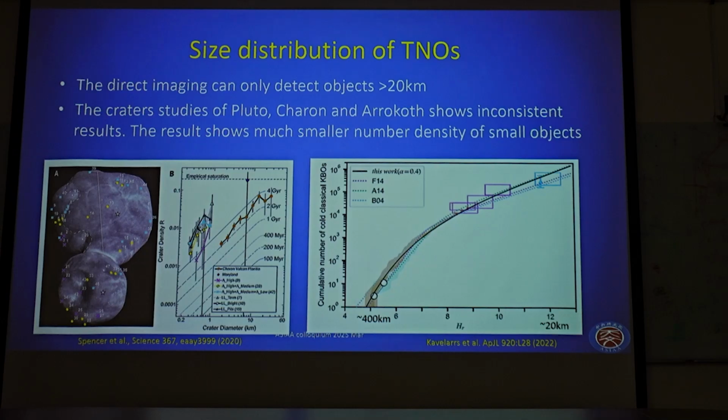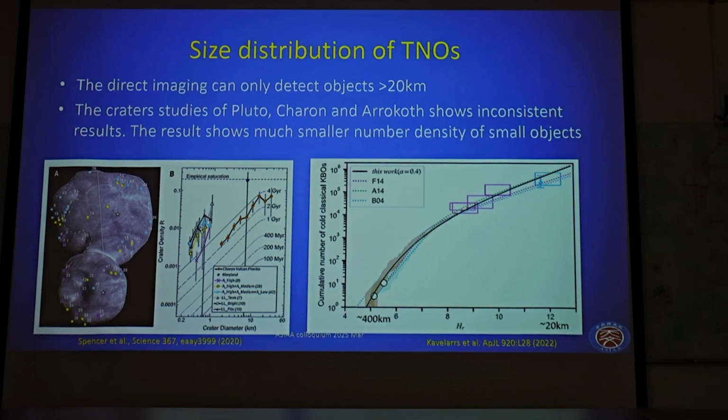But unfortunately, if you compare the direct measurement with the craters, there is quite a big discrepancy, meaning that if you compare the 20 kilometer object numbers with the direct observation number, there's a big discrepancy, and also the slope that you see is quite different.